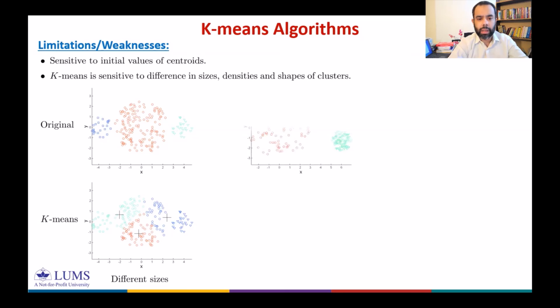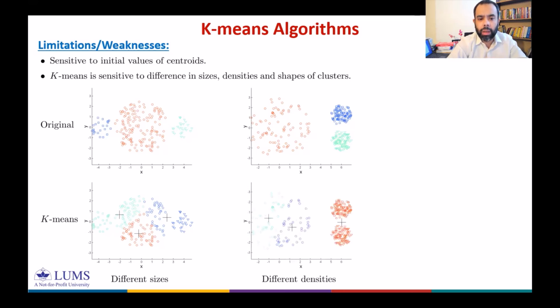Take another case. We have different densities of clusters. So blue and green are dense clusters as compared to red. When we run k-means with k equal to 3, we know k is equal to 3, we get these clusters. Again, we have suboptimal clustering.